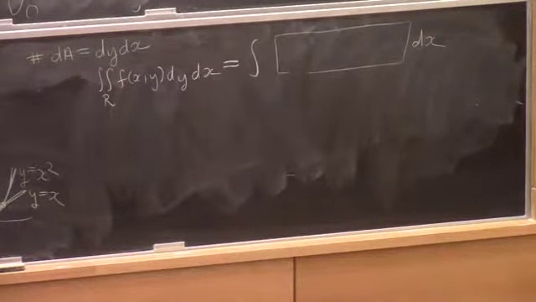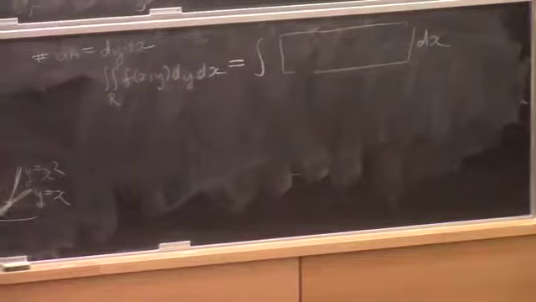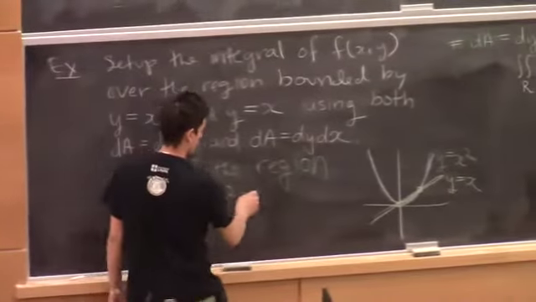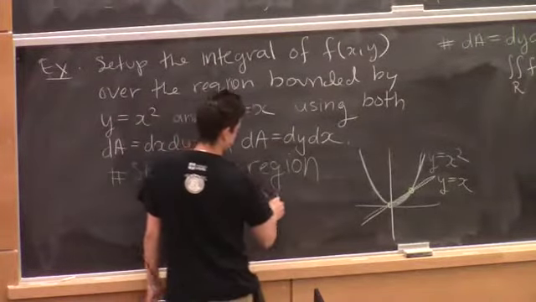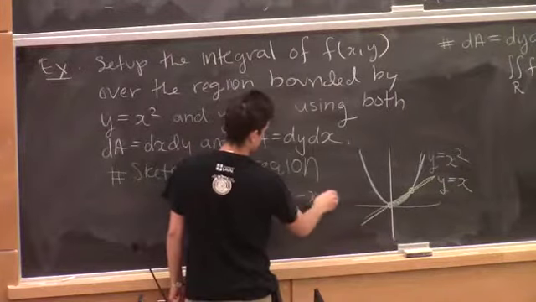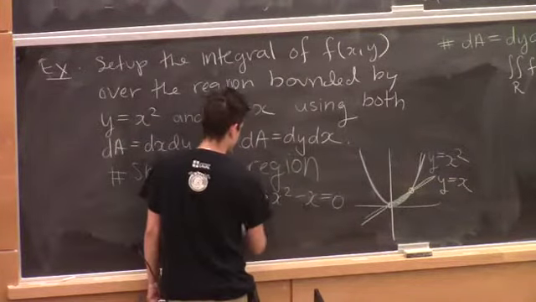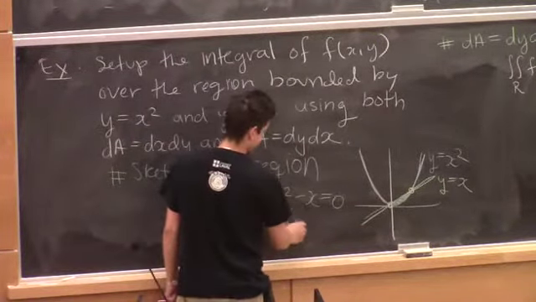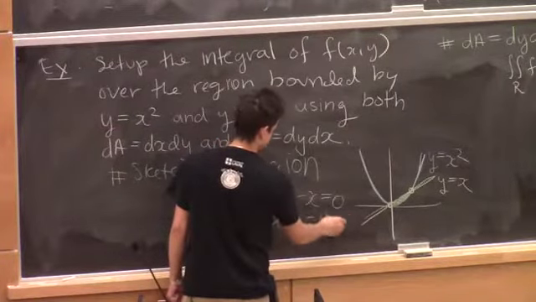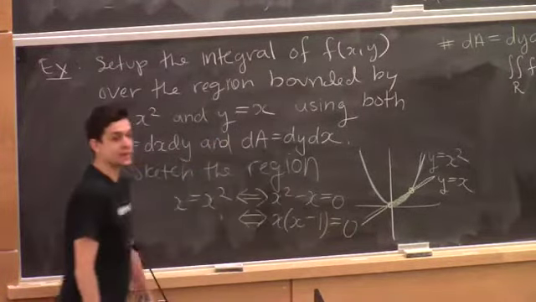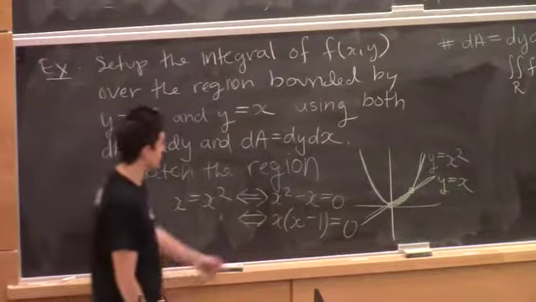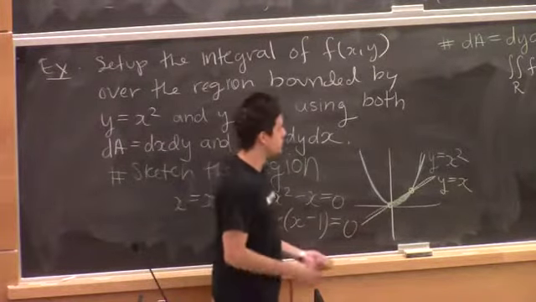So to do that, we solve for where they meet. Okay, so they meet at x equals 0 and x equals 1.